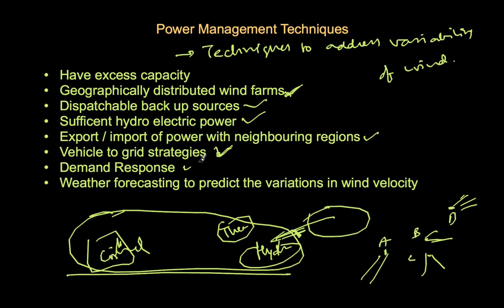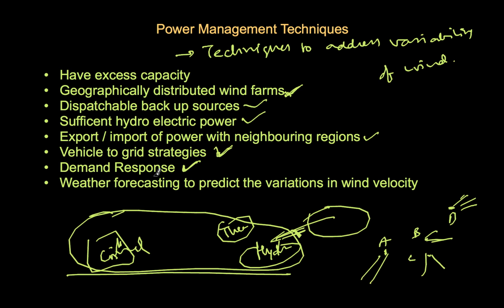Demand response itself is another area of research, where you are asking the demand to respond to the supply. It is not like the earlier case, where the supply used to respond to the demand. The factory is starting at 10 o'clock, so you are prepared: at 10 o'clock a huge load is going to come.